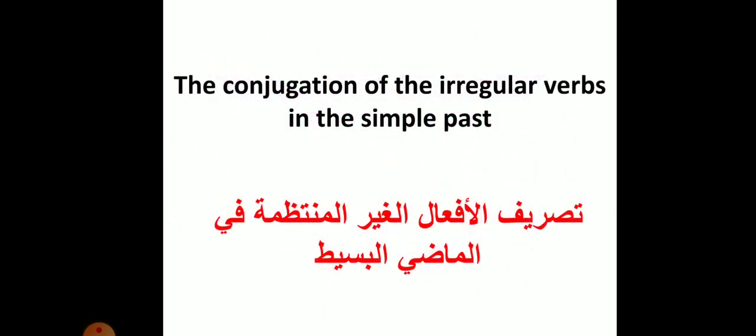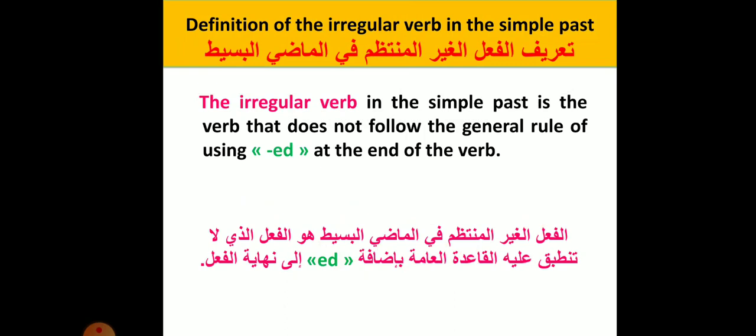For the irregular verbs, the conjugation of the irregular verbs in the simple past. Here we have a definition. So what is the irregular verb? The irregular verb in the simple past is the verb that does not follow the general rule of using ed at the end of the verb.